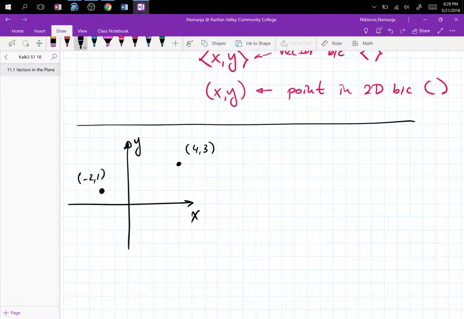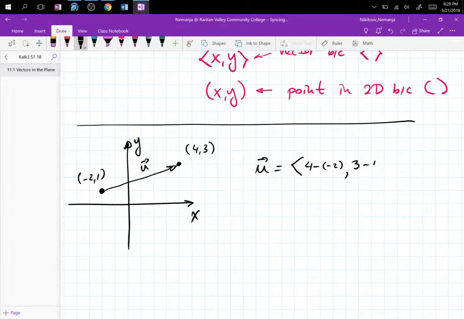I can stretch a vector between these 2 points, and this vector u will be given as the vector of 4 minus -2, comma 3 minus 1. So vector u is 6, 2.